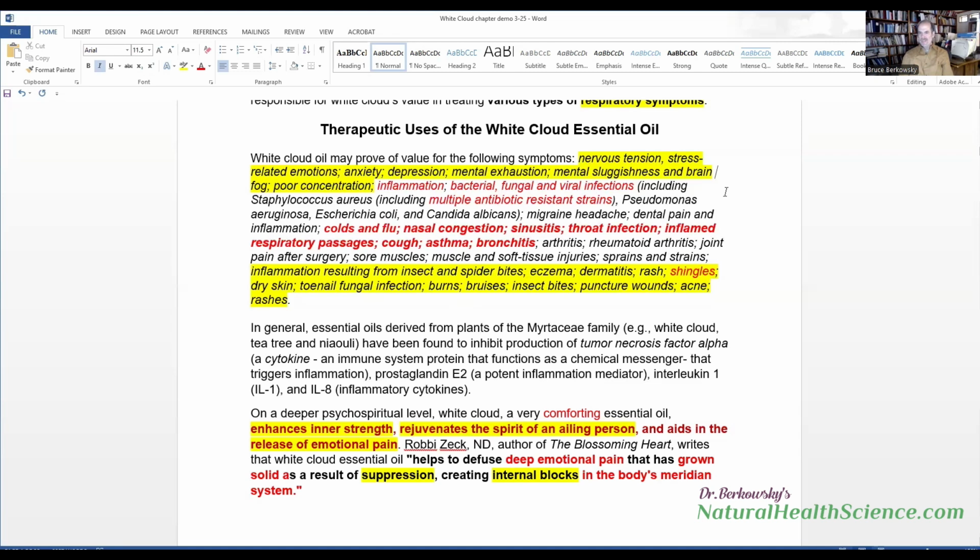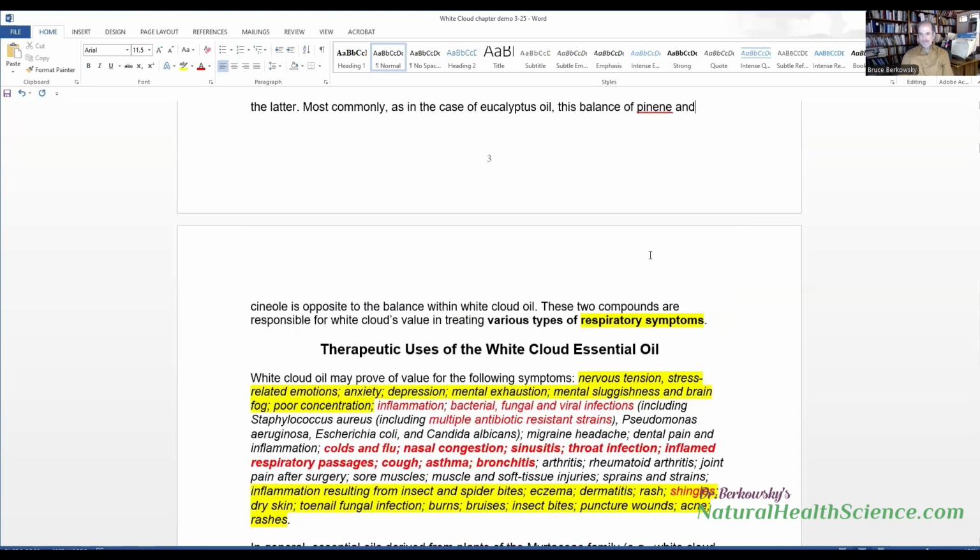So what does that tell us if we go back here? That tells us, let's go down here, go up a little bit again. That the nervous tension, the stress-related emotions, the anxiety, the depression, the mental exhaustion, the mental sluggishness, brain fog, and poor concentration are due, at least in part, to problems in respiration.